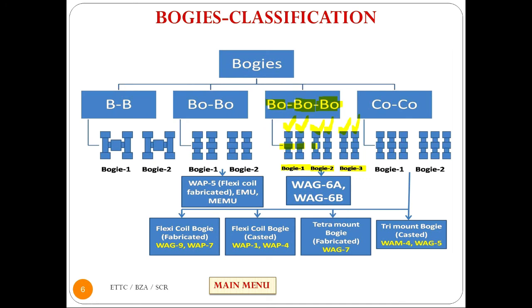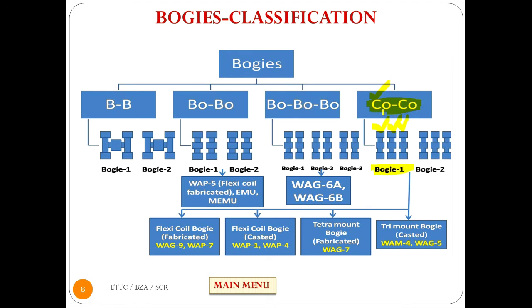Next one is CO. C stands for each bogie having three axles. So axle number 1, axle number 2, axle number 3 in bogie number 1. O stands for independent drive.